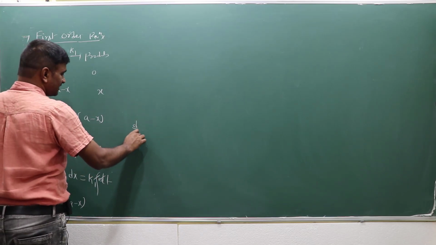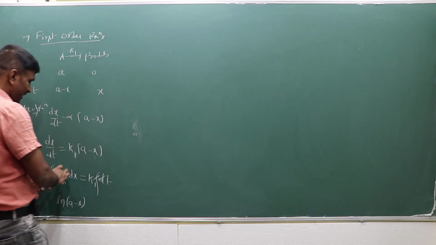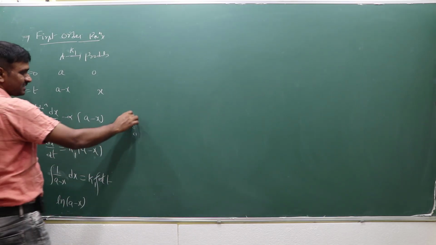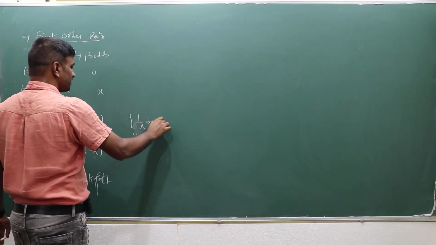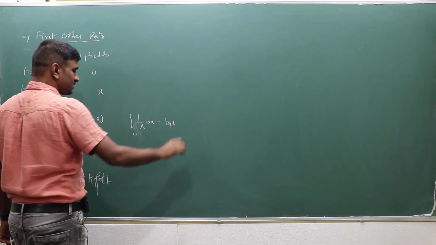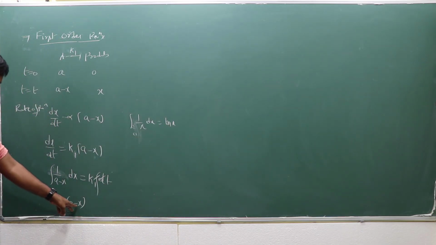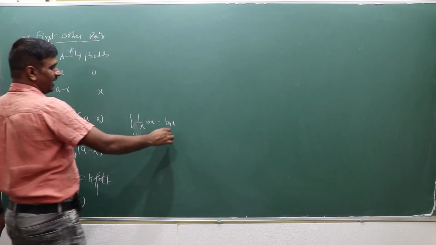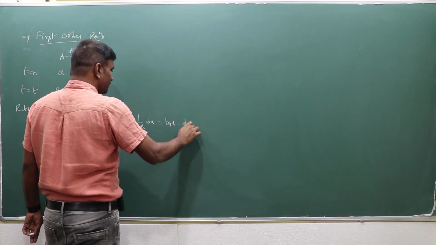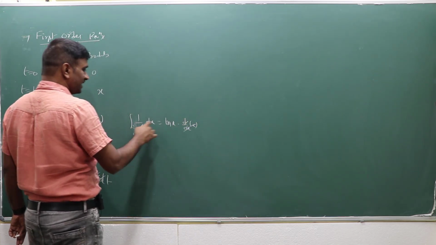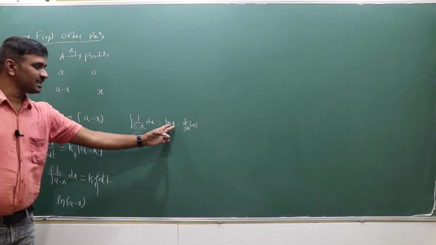The integration of 1 by x into dx is ln x, based on the formula. Suppose this is x, and ln x into d by dx of x, with cancellation, 1 is there, so the value is ln x.